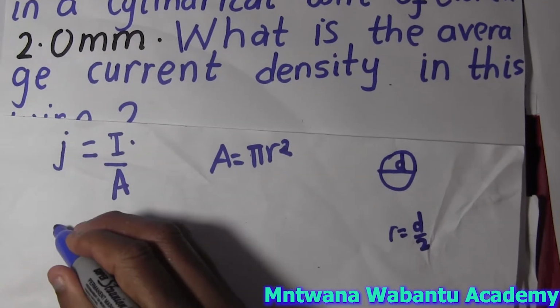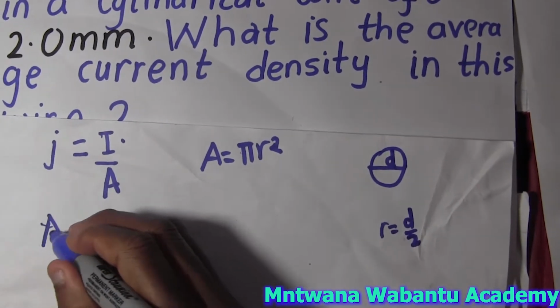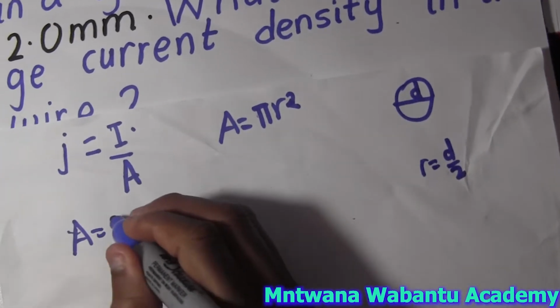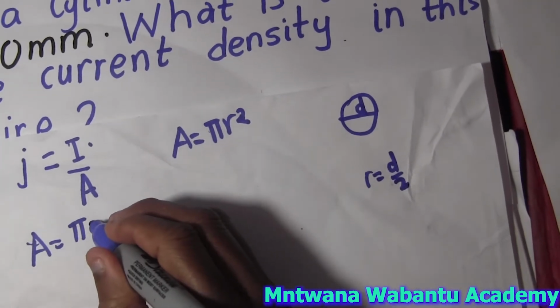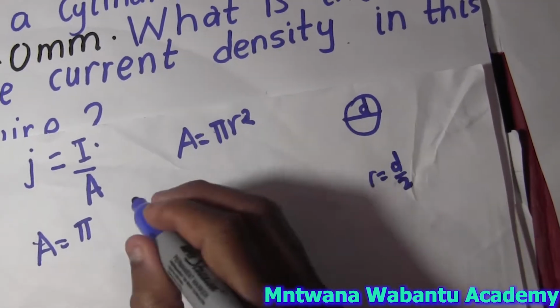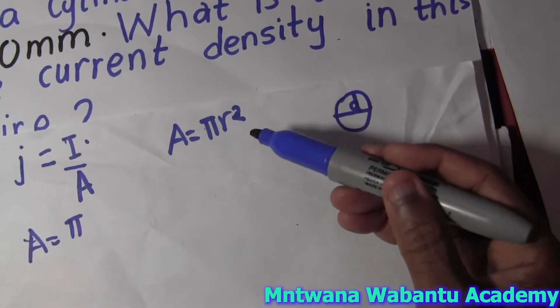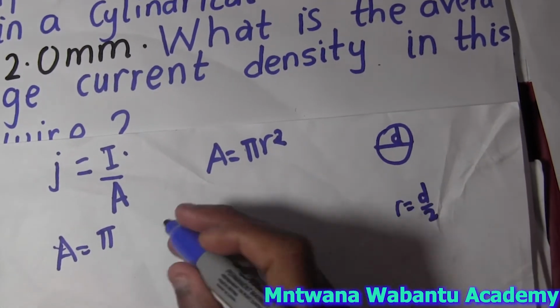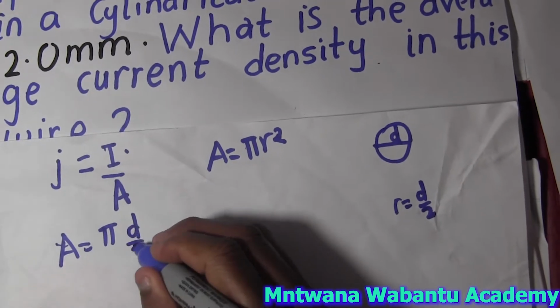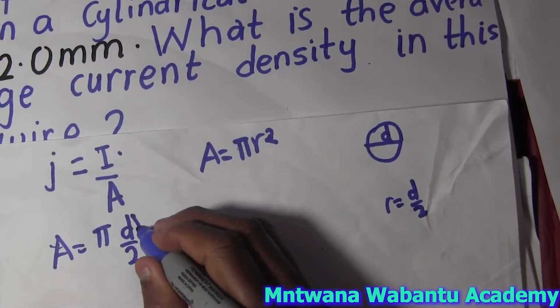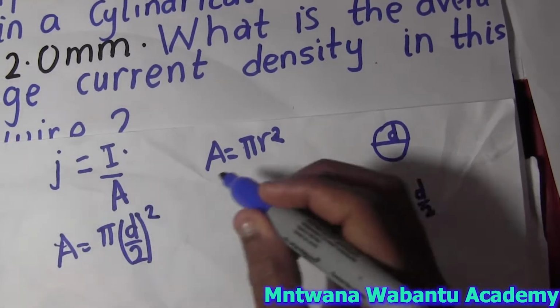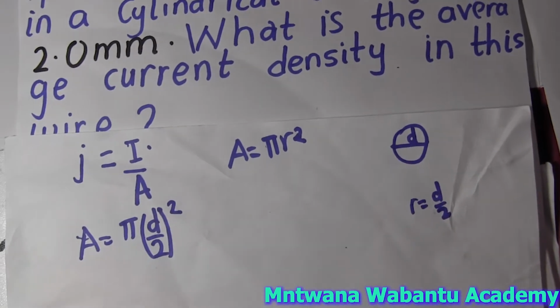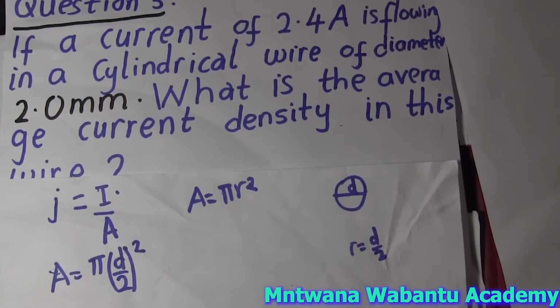So here I'm going to say my cross section area equal to pi, and in the position of this R here, I'm going to say d over 2, and then I'm going to square, because to get radius, take your diameter divided by 2, and then we square.